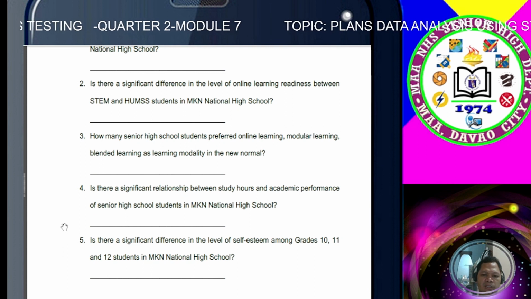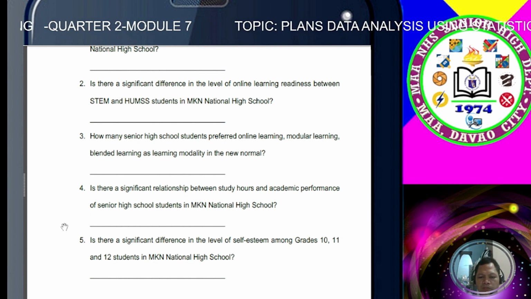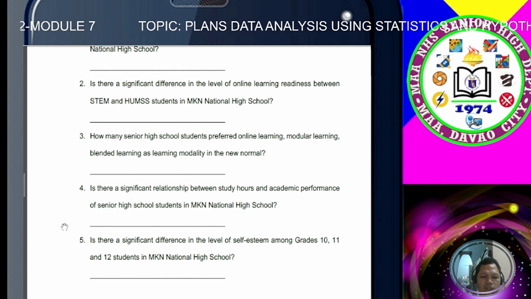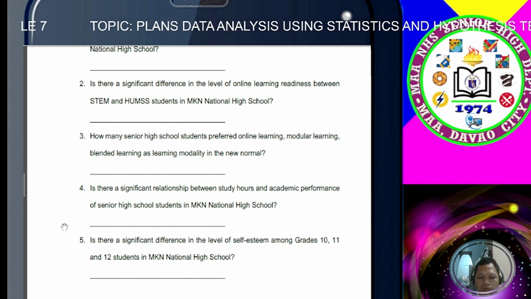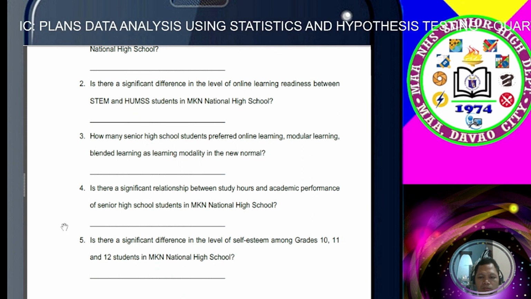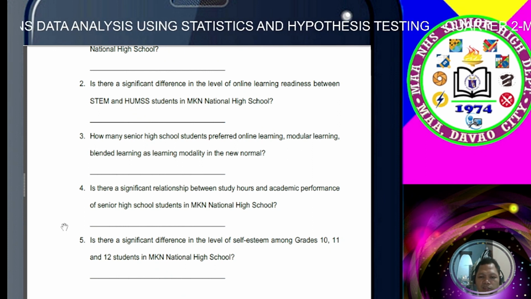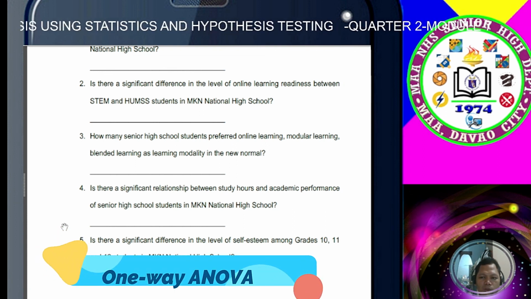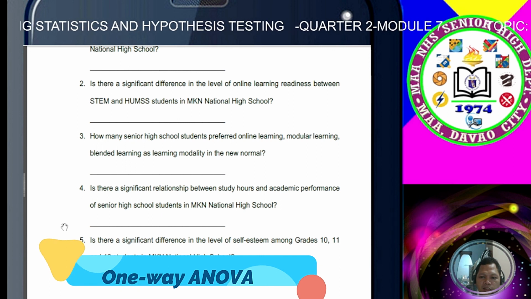Is there a significant difference in the level of self-esteem among grade 10, 11, and 12 students in MKN National High School? The correct answer here is we'll use the one-way analysis of variance.